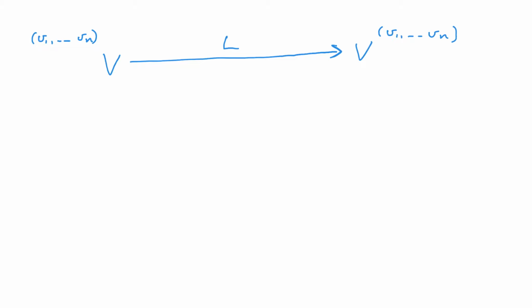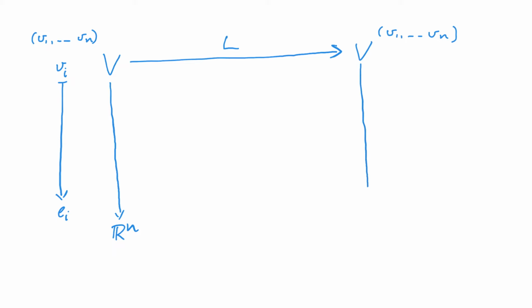As soon as we fix the basis of V, we have an isomorphism to Rn, namely the unique map that takes the element v_i to the element of the standard basis e_i. And similarly, we have an isomorphism from the codomain to Rn. And it's the same map. Once again, it sends v_i to e_i.